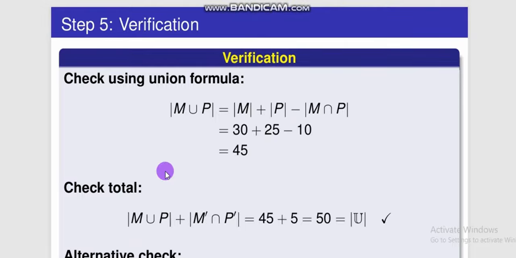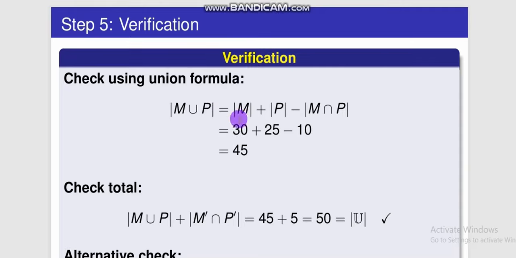So how do we verify? You can verify in different ways. You can verify by using the union formula, right? The M union P. If you unite all of that, you are going to get 45, because 45 is the number of students who like mathematics and physics, or at least they like one of these subjects.